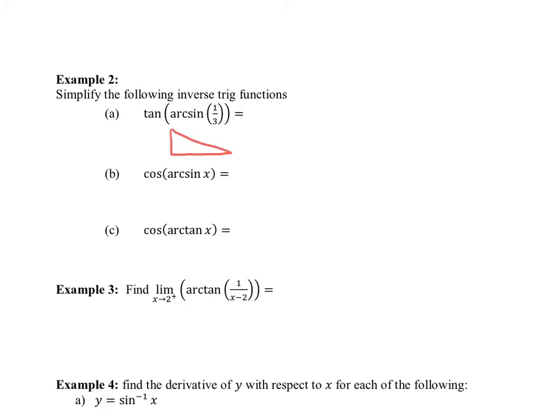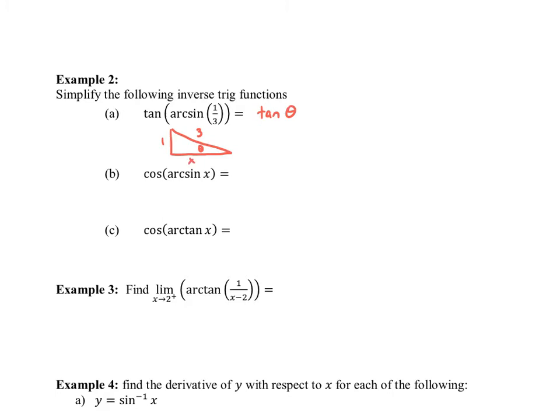So the inverse sine or the arcsine is an angle that has side lengths of 1 and 3 due to the fact that the ratio in the inverse trig is opposite of that angle over the hypotenuse of that particular triangle. And so if we're trying to figure out what's going on with the tangent of this, really what we're asking is, what is the tangent of that particular angle that is the output of that inverse sine?